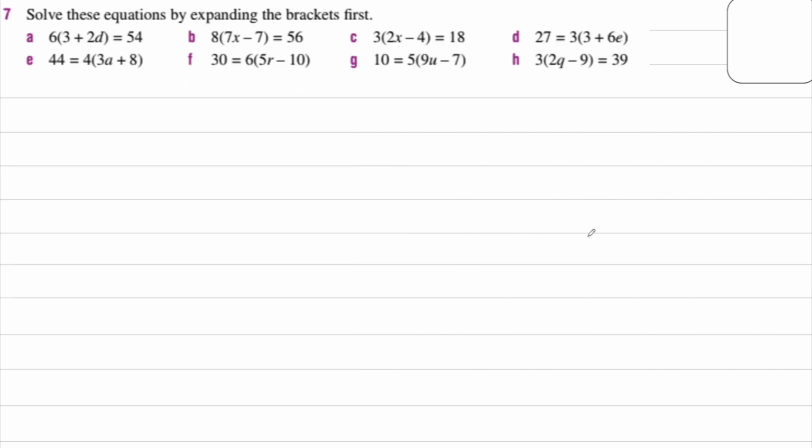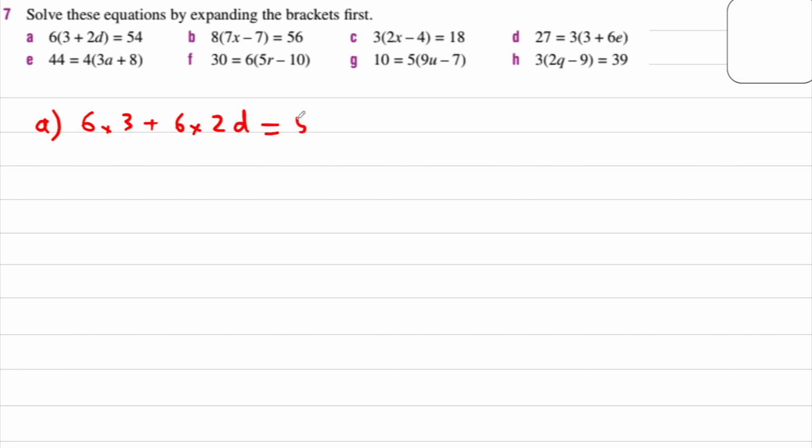The next question, you got 7. Solve the equation by expanding the bracket first. That's like question 6, right? The first, we have 6 times 3 and 6 times 2d.